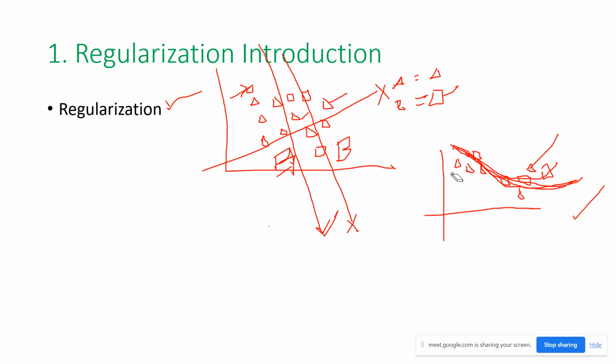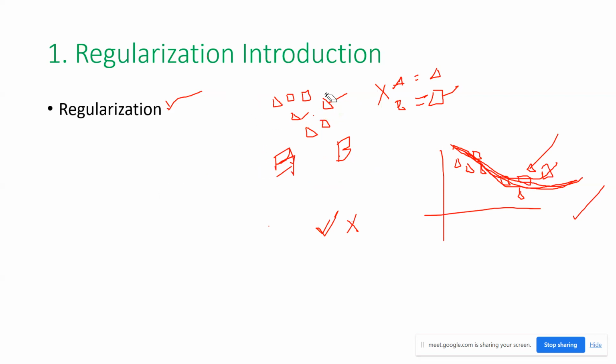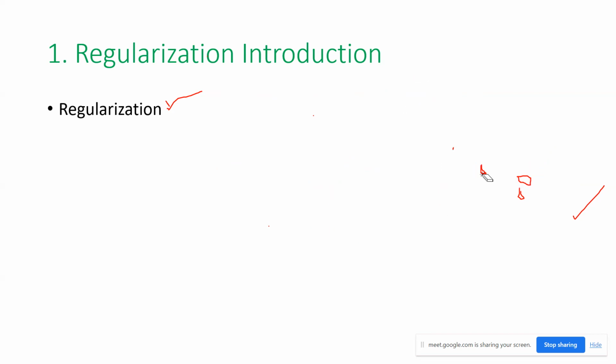To control these misclassifications, to control this overfitting problem and underfitting problem, we are using optimization techniques, best fit techniques, that can be done with the support of regularization. This is the basic definition of regularization. We learned this in the last class.